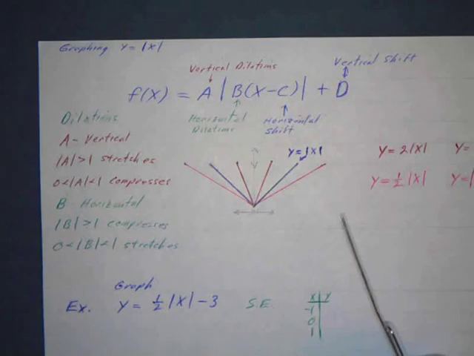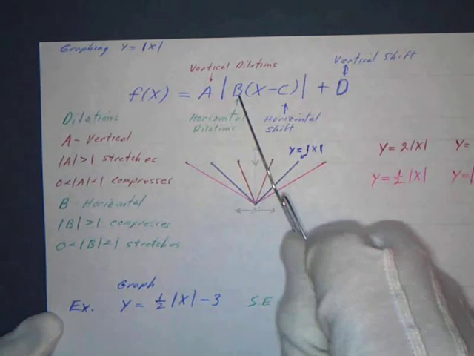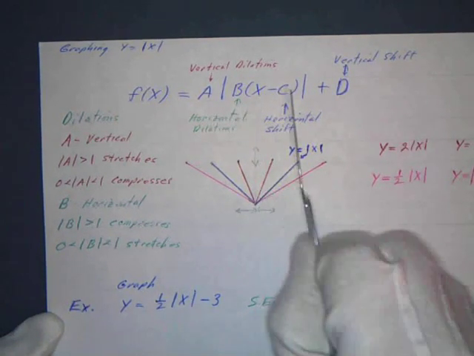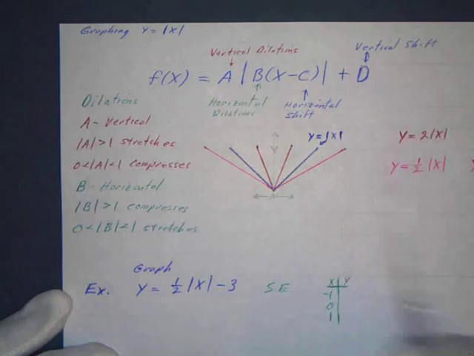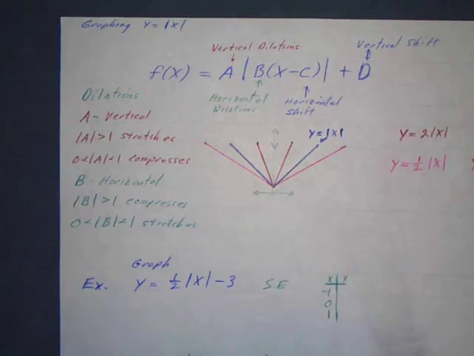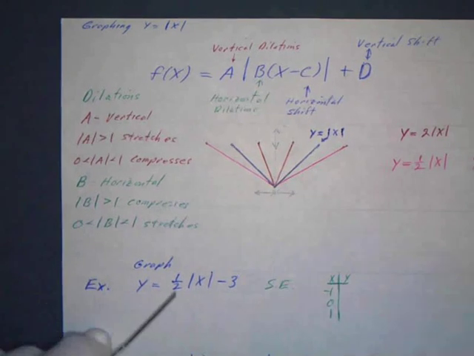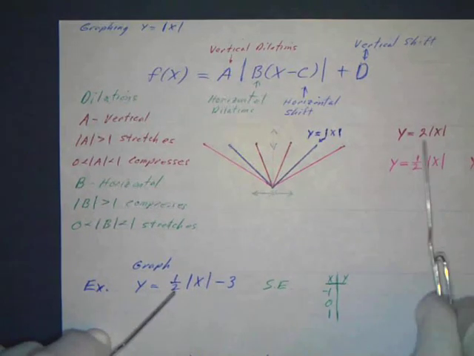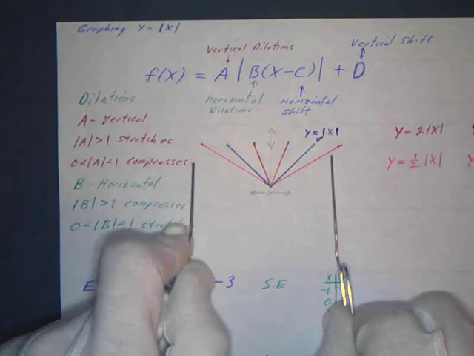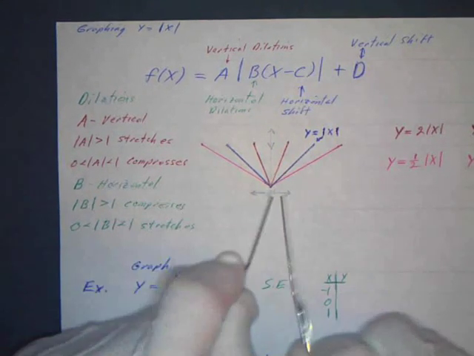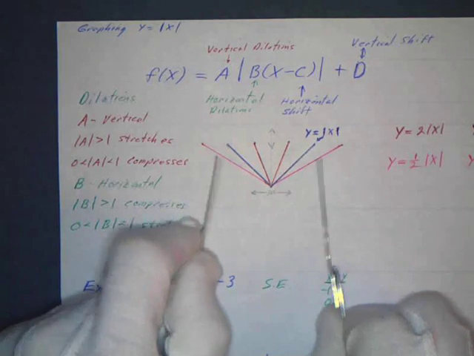Okay? Now, the number in front of the parentheses inside the absolute value is the horizontal dilation. And it does the same thing, we just think of it horizontally. So if b is greater than 1, like this, then it compresses it horizontally. If we compress it horizontally, that means we push it in like this. What's going to happen if I push this in?